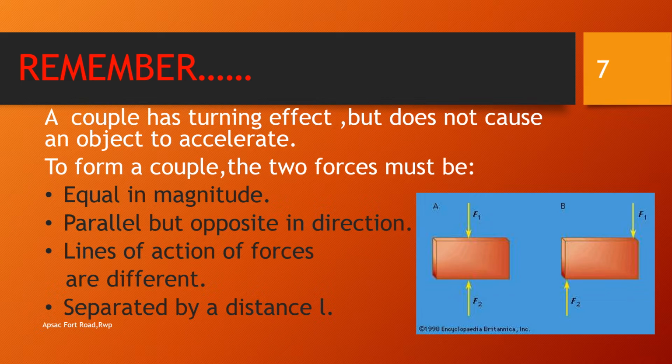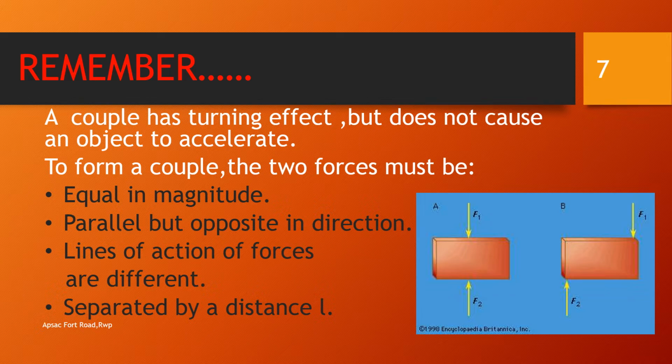Both these forces, if we join their line of action, are along the same line. The magnitude of forces is the same but their direction is opposite and their line of action is also the same. So what happens? The two forces will balance each other, they cancel the effect of each other and no motion will be observed in this table.